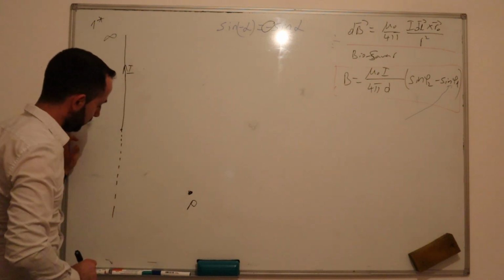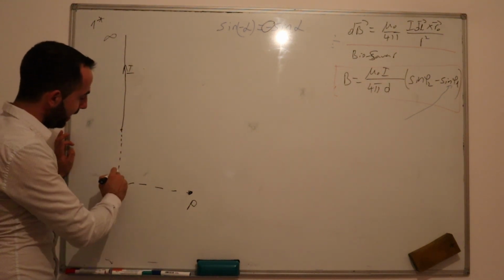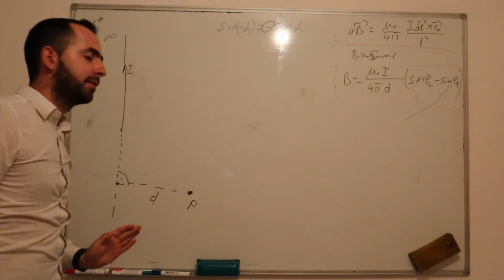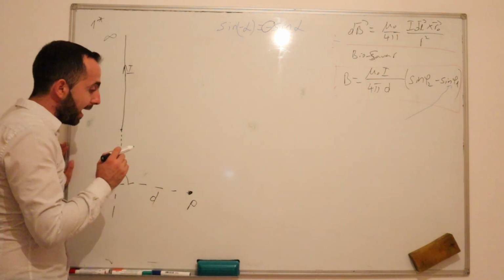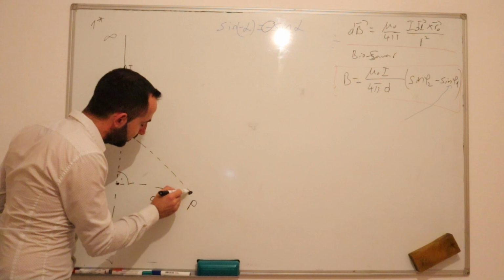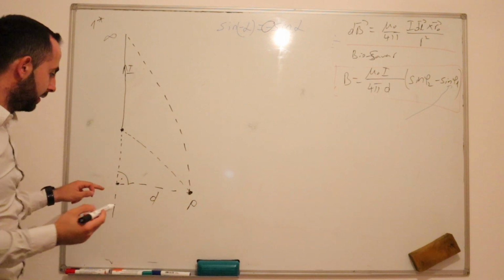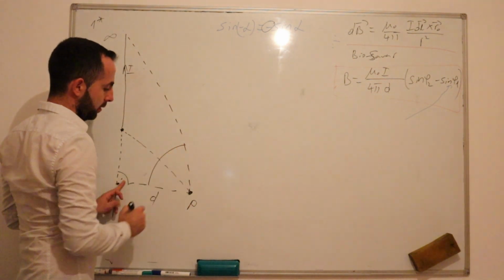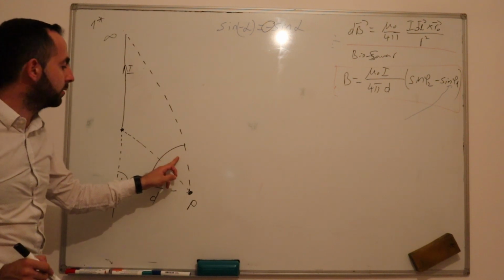Imagine we put an extra line and draw this distance as a normal to this conductor. But now I have two angles. The first one is the beginning of the conductor, and the second is the end of the conductor. So this is one angle, this is the second angle.